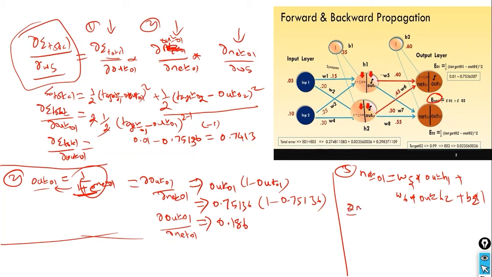For example, dou net O1 divided by dou W5 is equivalent to, and here if you take the partial derivative, what will happen? The coefficient of W5 is 1, into out H1.